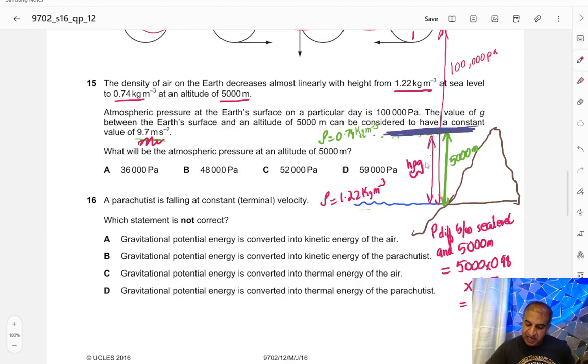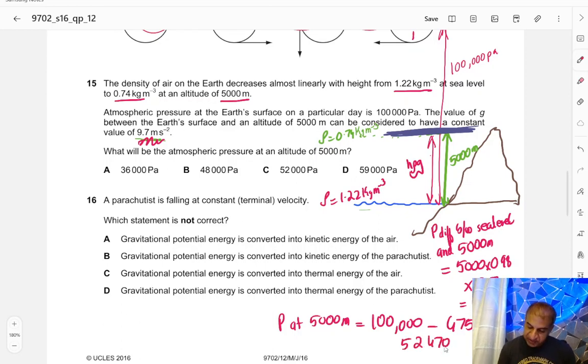So we have this pressure, and all we need to do is subtract it from this value. The pressure at 5,000 meters should be equal to 100,000 pascals minus 47530, and that gives me 52470 pascals.